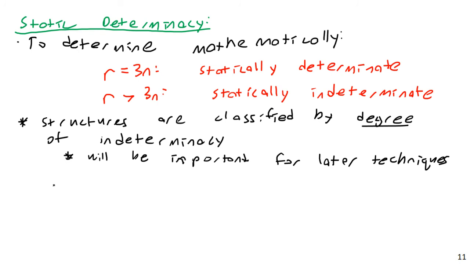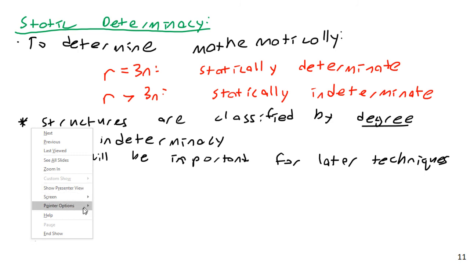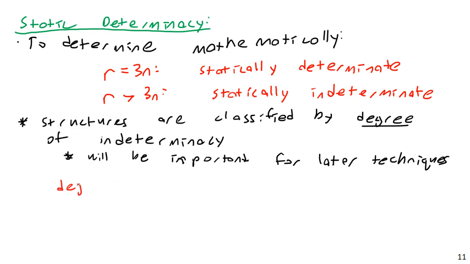And the degree of indeterminacy is equal to r minus 3n.